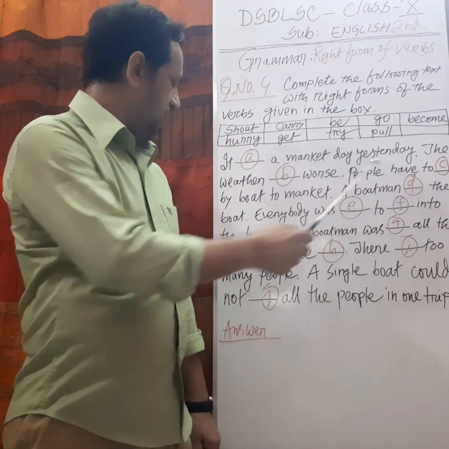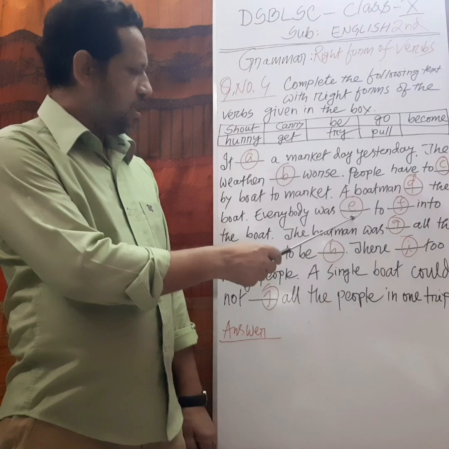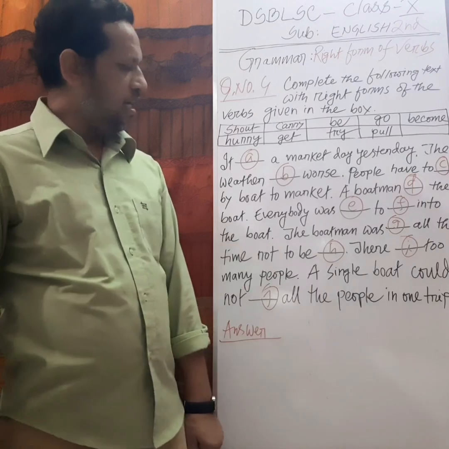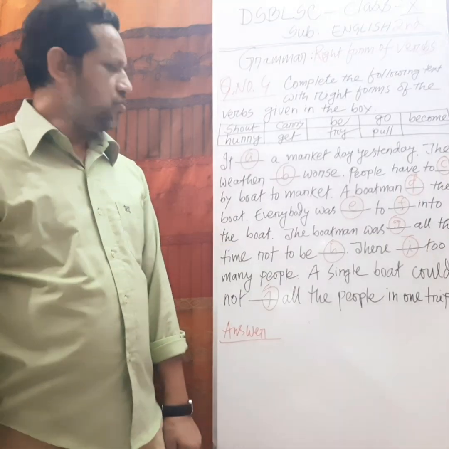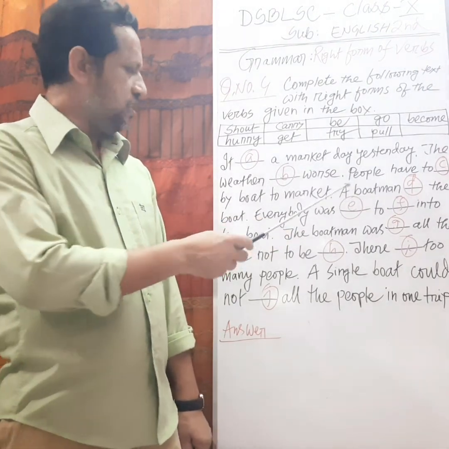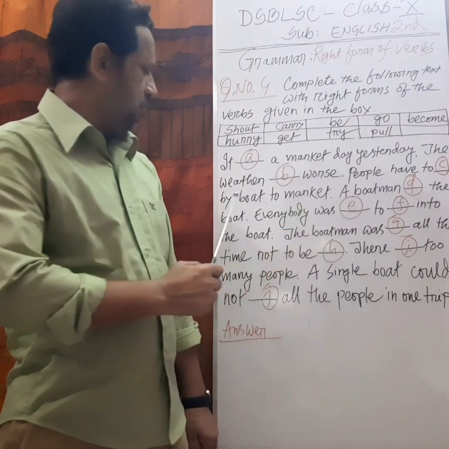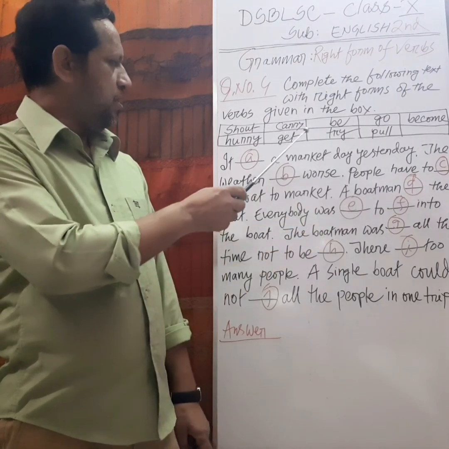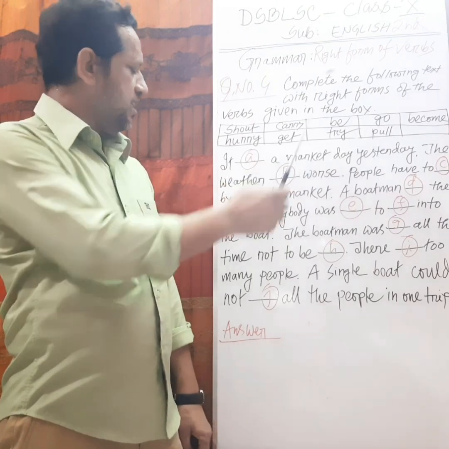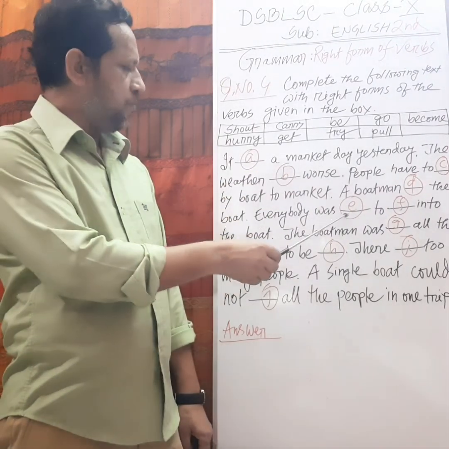Boatman gap the boat. Actually, everybody was here. We can see past continuous tense. That's why here we like to use past continuous tense. Boatman was pulling the boat. Everybody was gap.